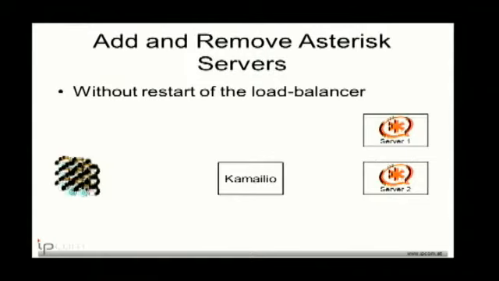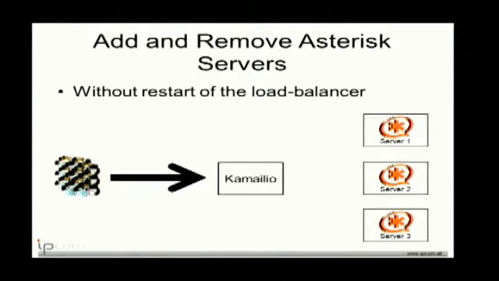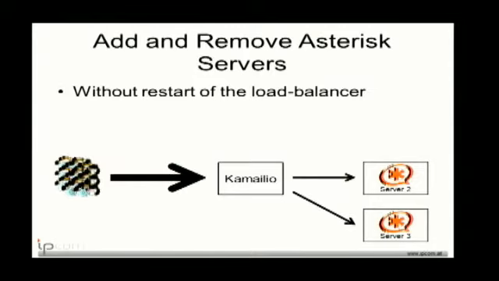A very interesting feature is you can change the configuration of the load balancer without restarting it. For example, currently all the traffic is distributed over 2 Asterisk servers, and then you add a third one. Then the traffic gets distributed to all 3 Asterisk servers, and if you remove one, then automatically the traffic is only distributed on the existing 2 servers.